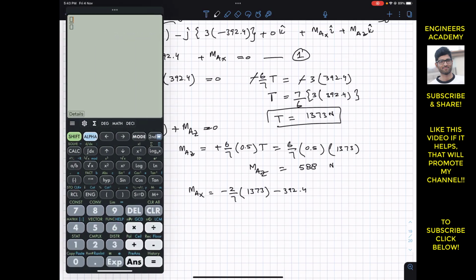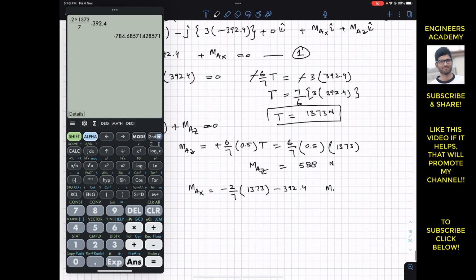So this is minus 2 into 1373 divided by 7, minus 392.4, and this gives us max is minus 784.69, or we can say that this is approximately minus 785. Remember, this is moment, this is not force, so this will be Newton meter.